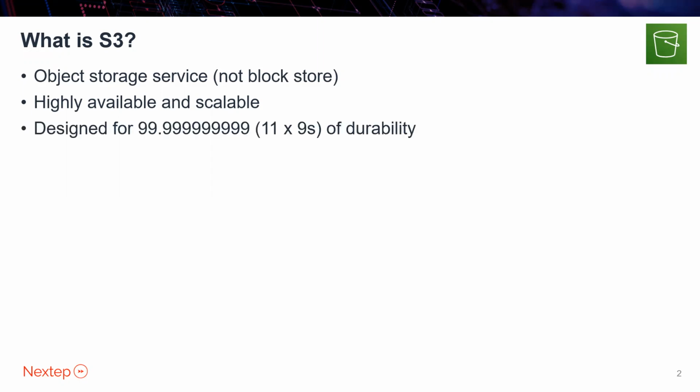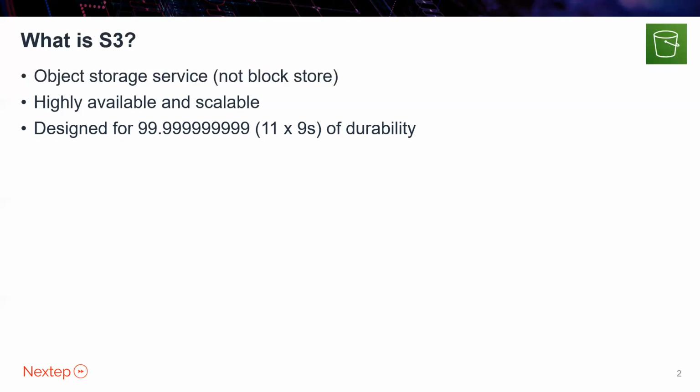So it's very important, and it's an interesting number in the cloud industry. It is designed for 99.999999999%, nine 9s. It's called 11 nines in the industry. So Amazon guarantees this 11 nines of durability. It's about durability, so it's another term.